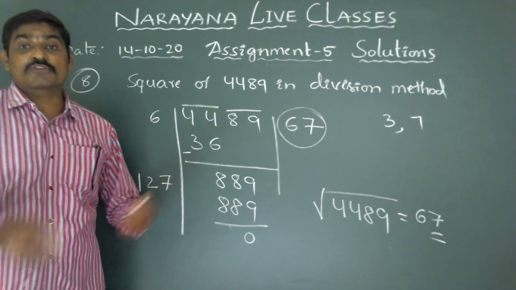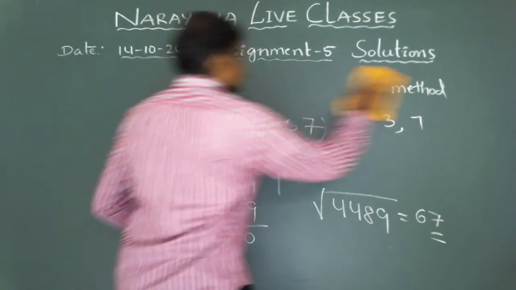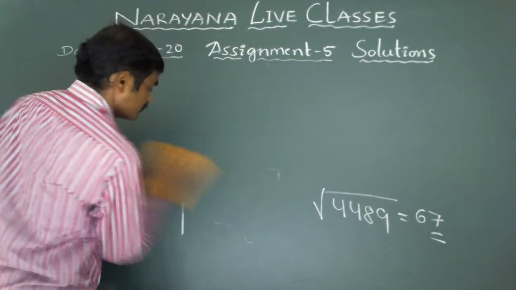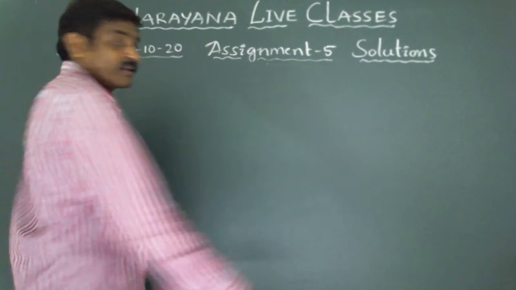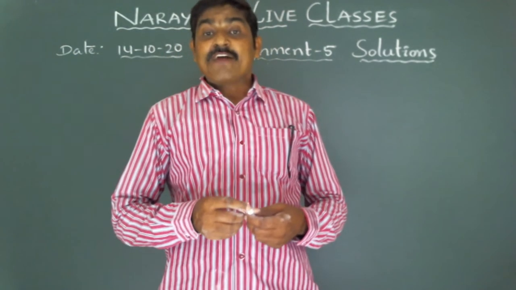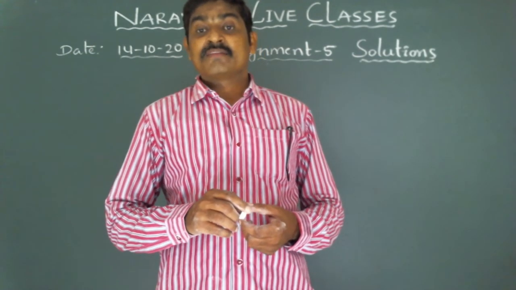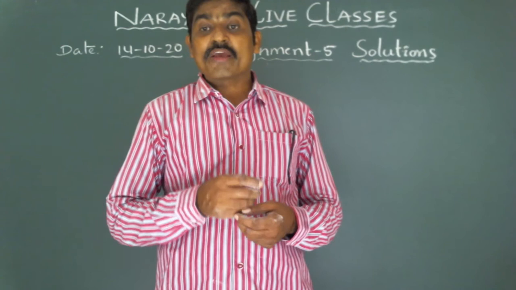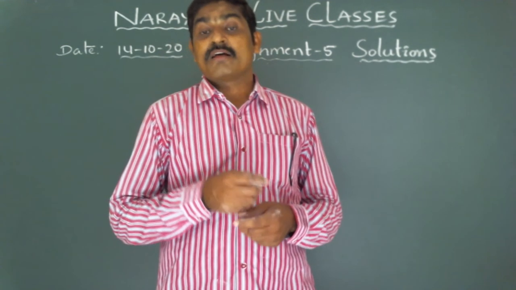So let us move on to the last question, the 9th one. What is the 9th question? Find the least number which must be added to each of the following numbers so as to get a perfect square.